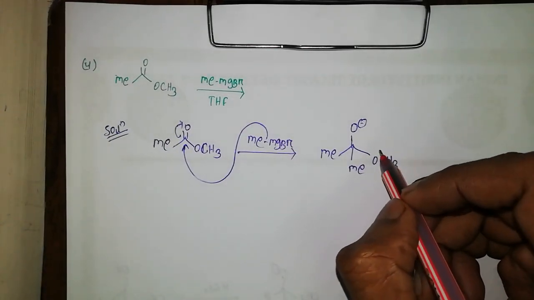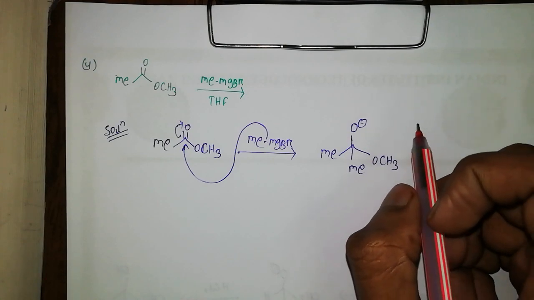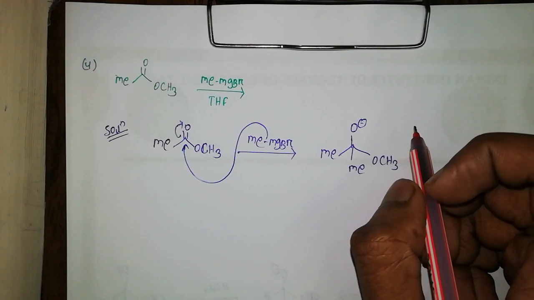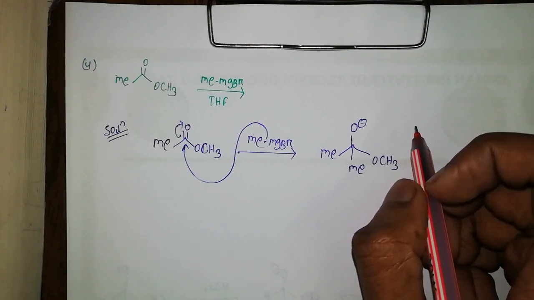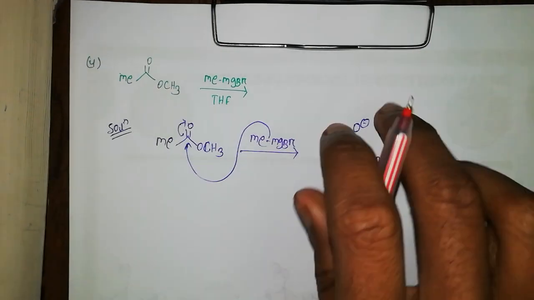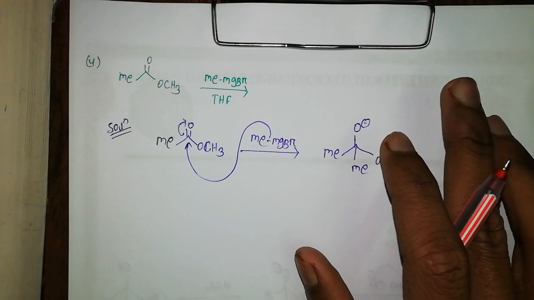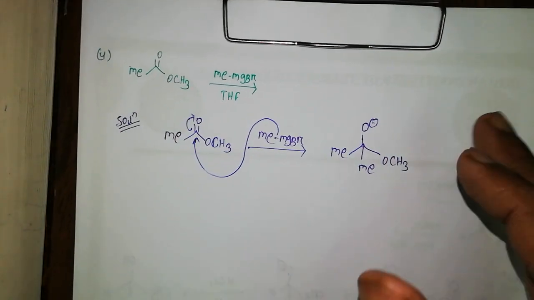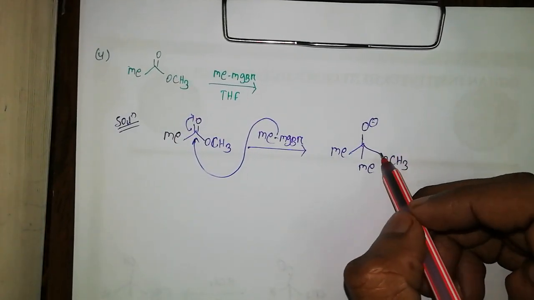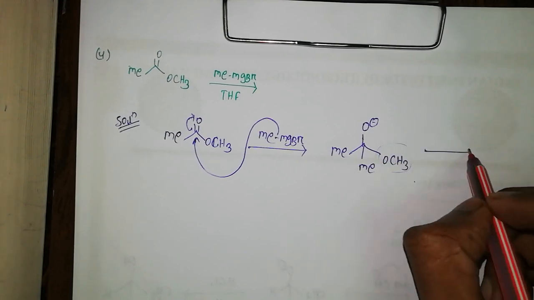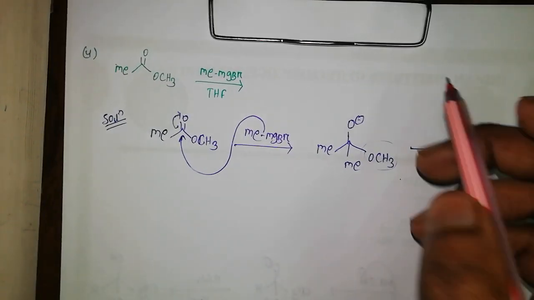A very well known topic is called the leaving group. What is a leaving group? It has the tendency that when it leaves the compound, it becomes stable. So this is called our leaving group. So in the further step, what will happen?